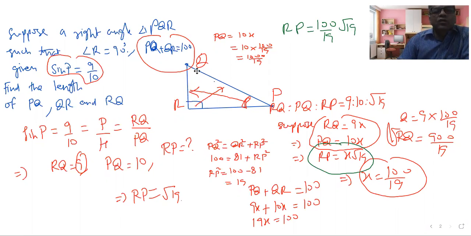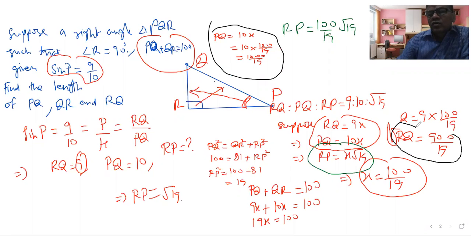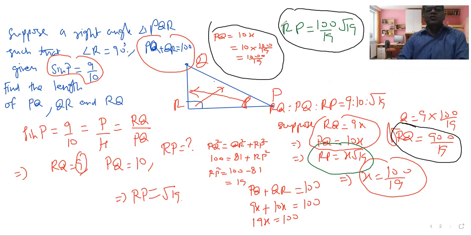So we get all the three sides of the right angle triangle. This is your PQ, this is your RQ, and this is your RP. So in this way, we are able to find all the three sides of a right angle triangle.